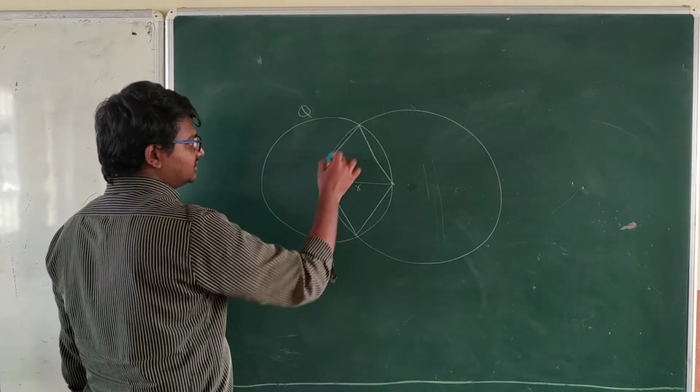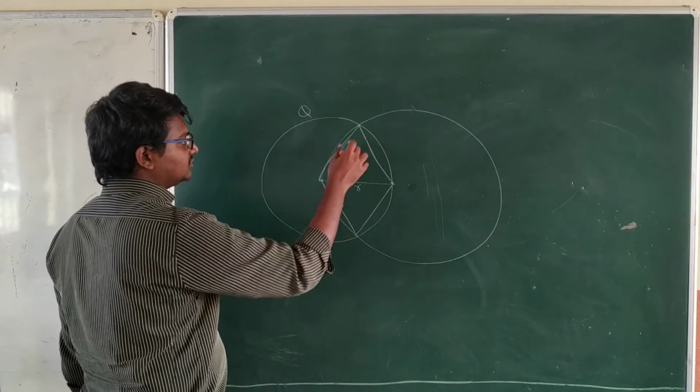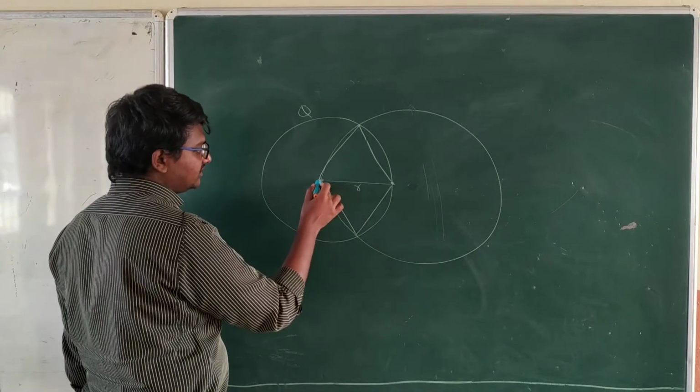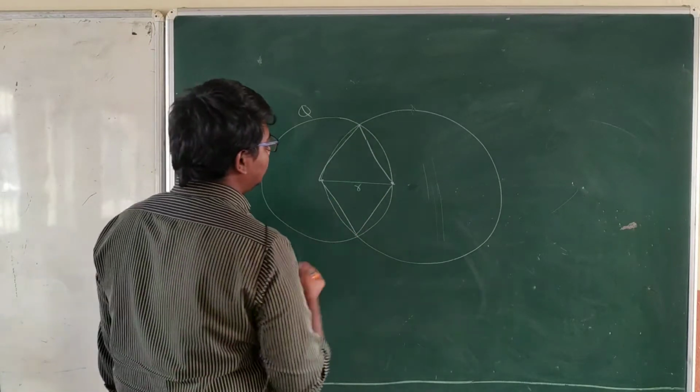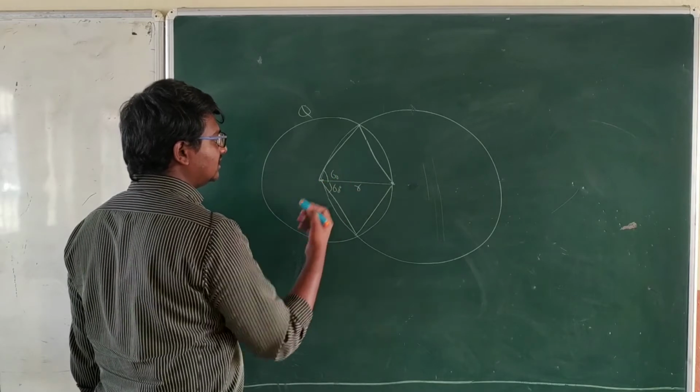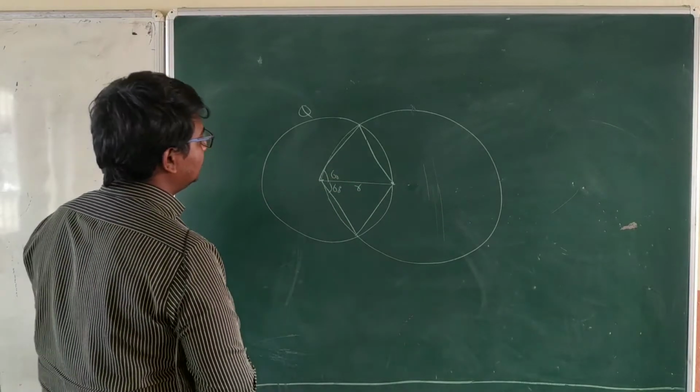Here we are able to see the formation of an equilateral triangle. This is the radius, this is the radius, this is also a radius. Then it is an equilateral triangle. This is 60 degrees and this is 60 degrees, so totally the angle is 120 degrees.